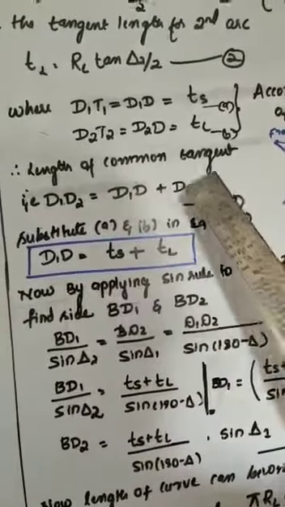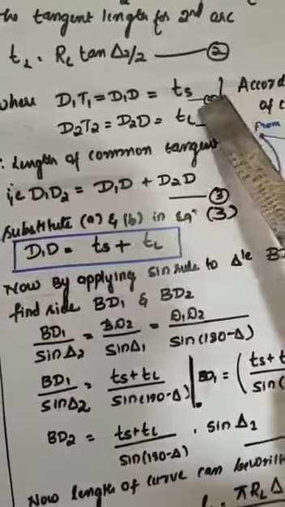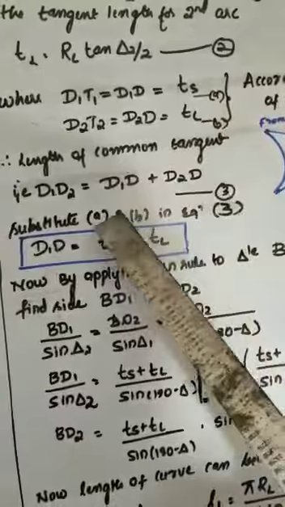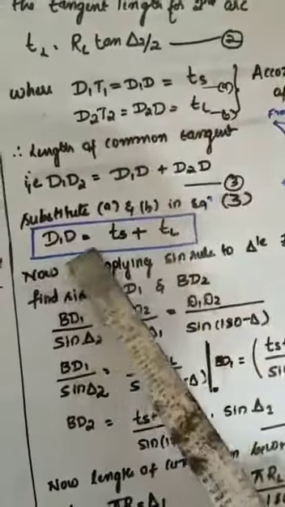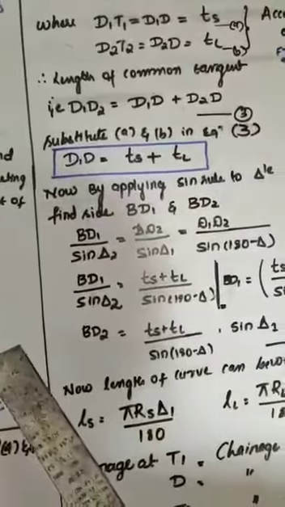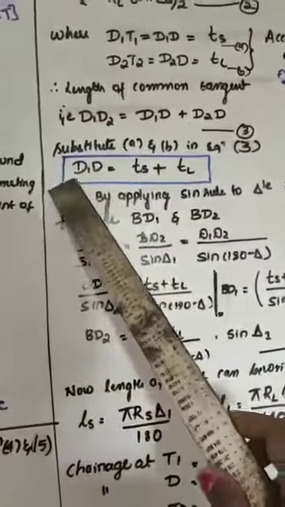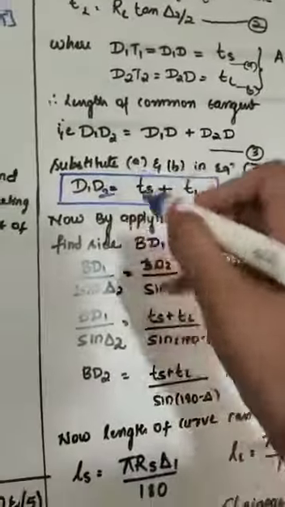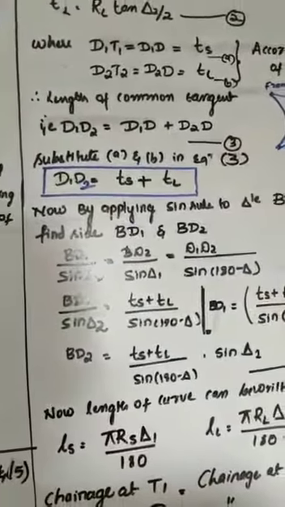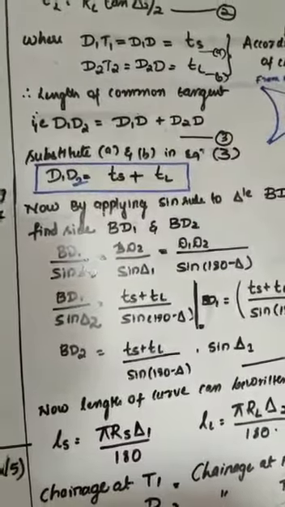In this equation 3, you substitute the values, that is D1 D as Ts, D2 D as TL. When we substitute it, finally we will get the length of the common tangent, D1 D2 is equal to small ts plus tl.